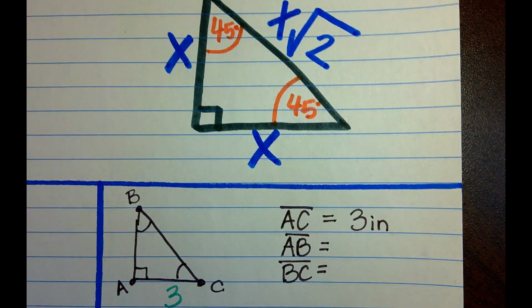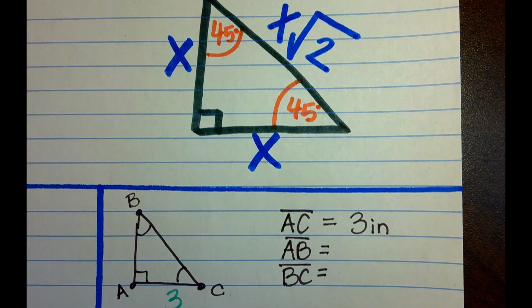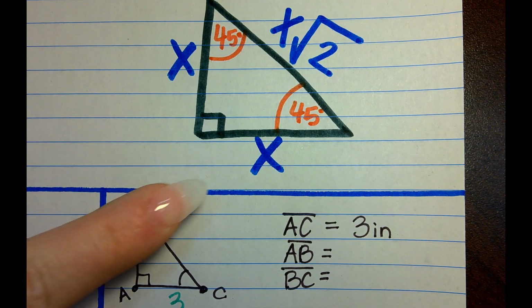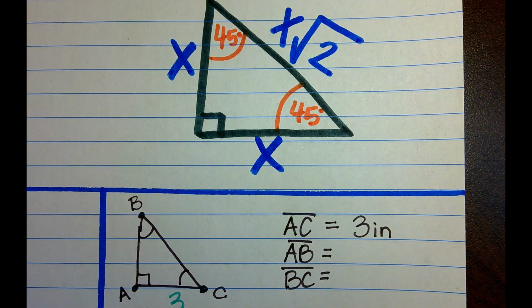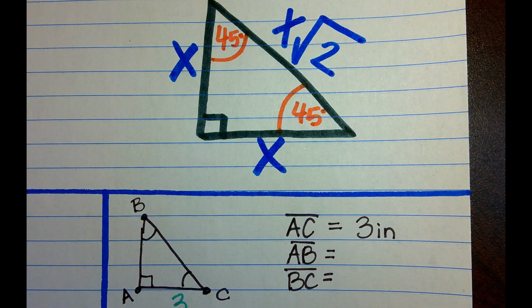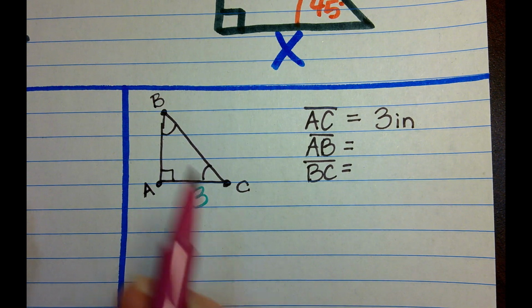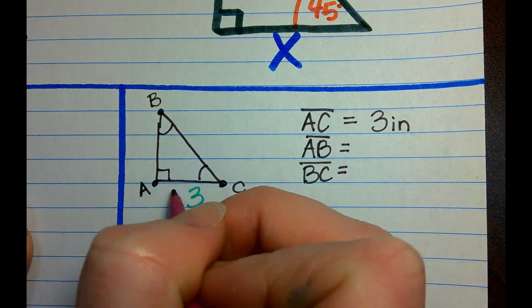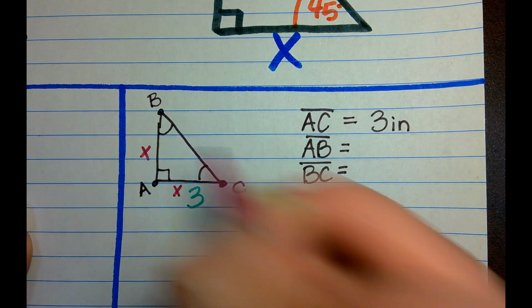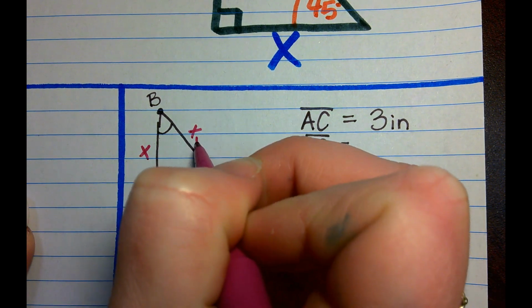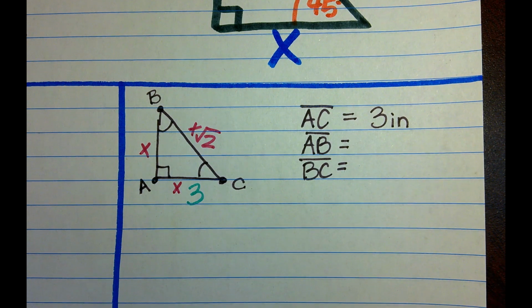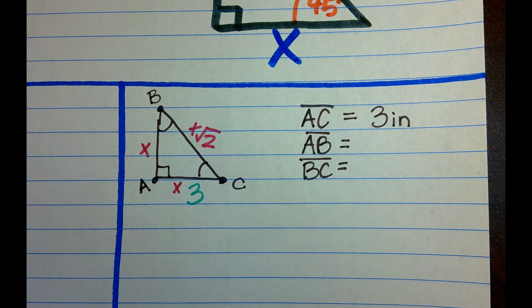And on a 45, 45, 90 triangle, I would recommend you write the sides as x, x, x times radical 2, because that's what we're going to use to find the sides.